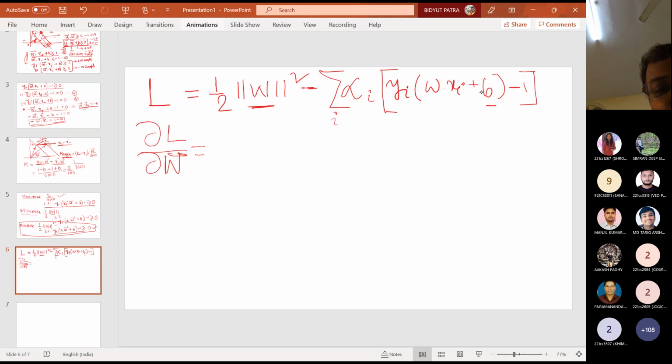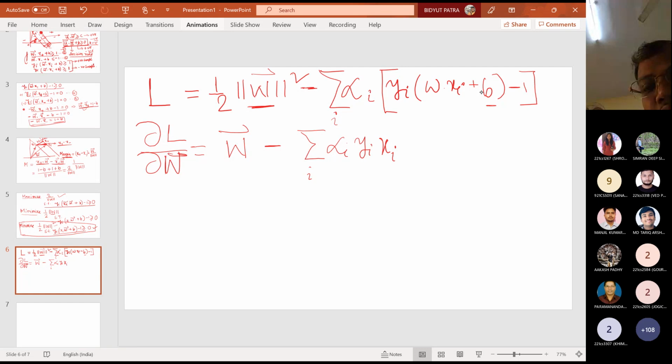This should be 0. What will the derivative be? These two will cancel out, so we'll have W, a vector, minus, differentiating with respect to W, the summation over i of alpha i yi xi.